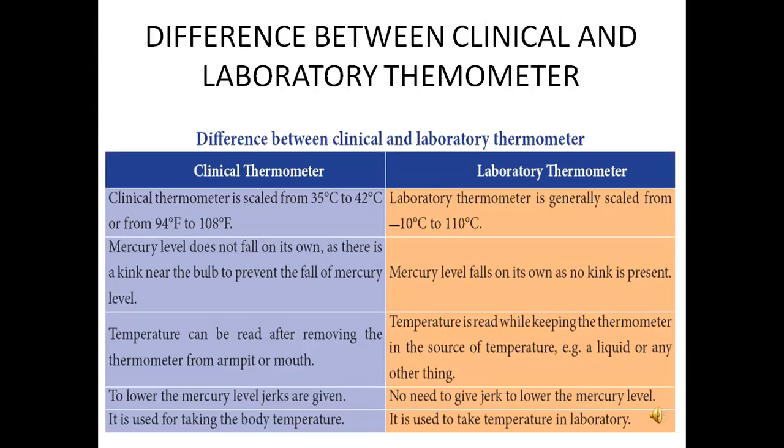In this class, first we will see the difference between clinical and laboratory thermometers. We have already seen the clinical thermometer and laboratory thermometer briefly in the previous session. In this session, we differentiate between them. First, the clinical thermometer is scaled from 35 degrees Celsius to 42 degrees Celsius, or from 94 degrees Fahrenheit to 108 Fahrenheit.